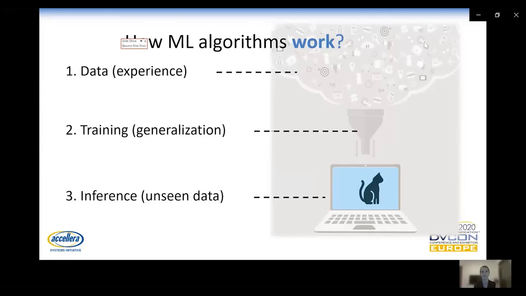The last one is the inference, and that refers to the ability to apply the model that we have built during the training phase and conclude some predictions on new data that the algorithm has not seen before. So let's talk in more detail about each of those steps.